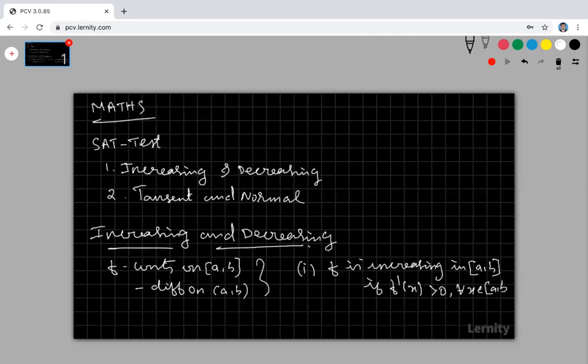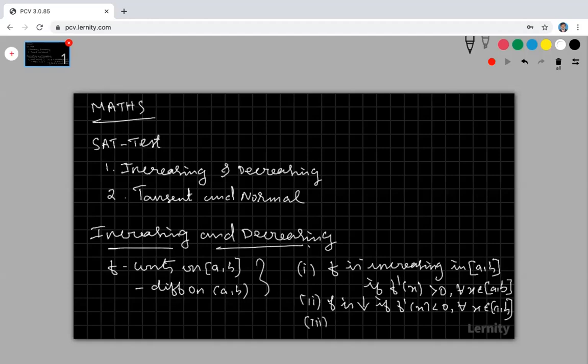That means in a particular interval, if my f dash of x is greater than 0, then my f of x is increasing. F is decreasing if my f dash of x is less than 0 for every x belongs to that interval a comma b. Based on that, if my f dash of x is less than 0, negative, I am concluding my f of x is decreasing.